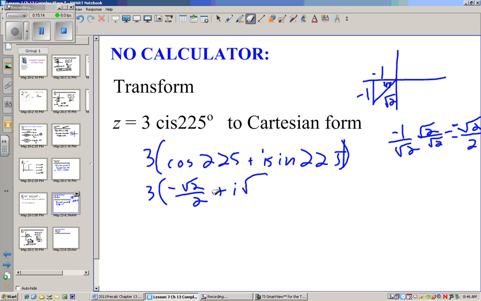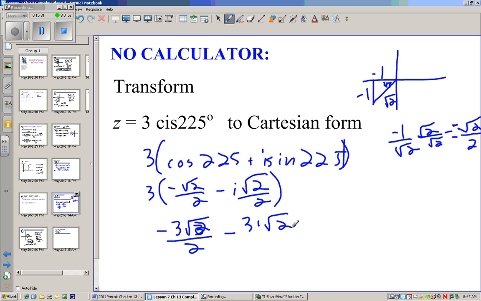So since that's a negative, we can change that to a minus. And now when I multiply this 3 over the parentheses, I have negative 3 root 2 over 2 minus 3i root 2 over 2. All right.